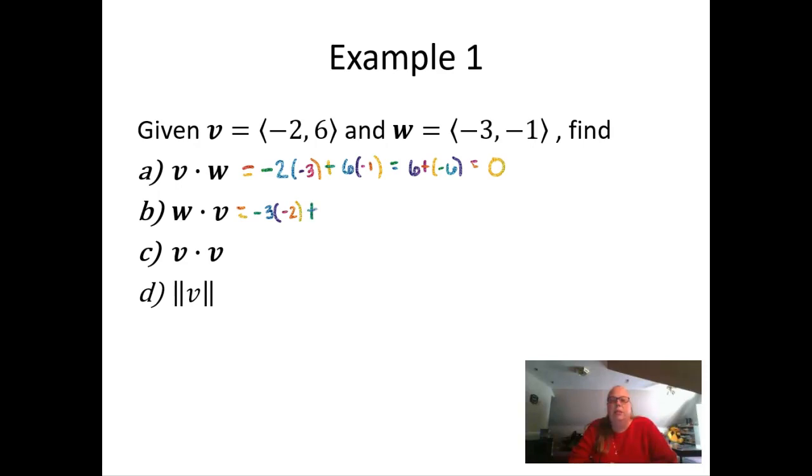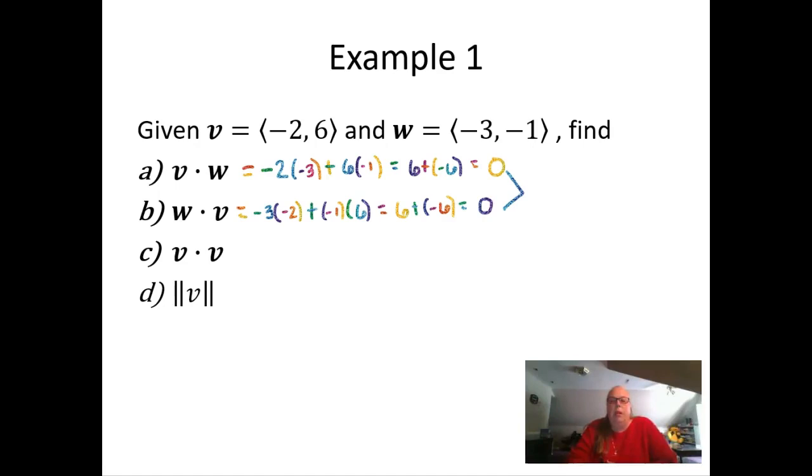And then we're going to add it to the second coordinate in w, which is -1, and we're going to multiply that by the second coordinate in v, which is +6. -3 times -2 is going to give me +6. -1 times 6 is going to give me -6, and 6 plus -6 is going to give me 0. And so what this tells me is that our dot product is commutative. It doesn't matter if we do v times w or if we do w times v, we're going to get the same answer here.